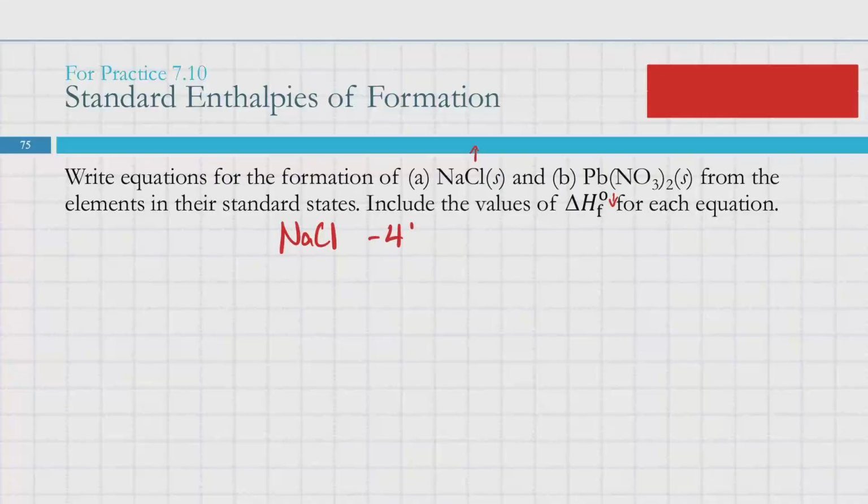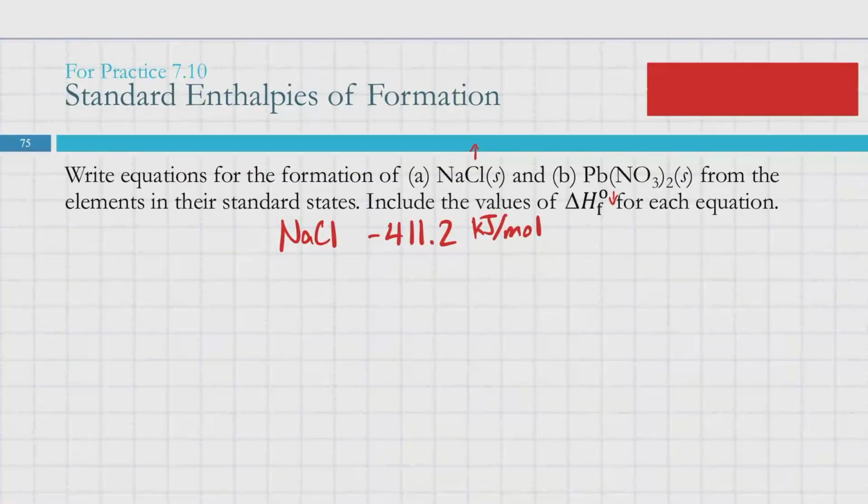I believe it was negative 411.2 with units of kilojoules per mole. For sodium chloride, what elements do we have in NaCl? We've got sodium. What else do we have? Chlorine. So we've got sodium and chlorine.